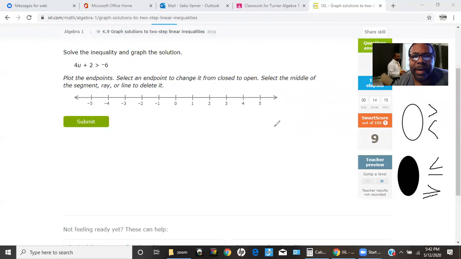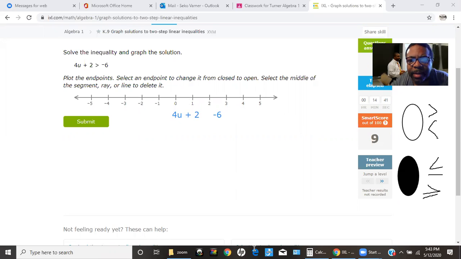So let's go ahead and solve this problem, and let's just keep this in mind, okay? So 4u plus 2 is greater than -6. All right, so 4u plus 2, greater than -6.